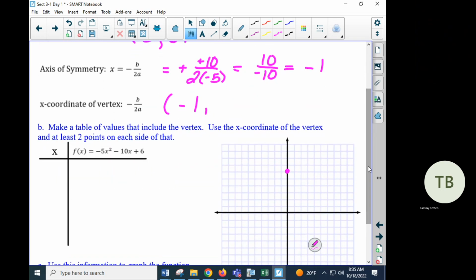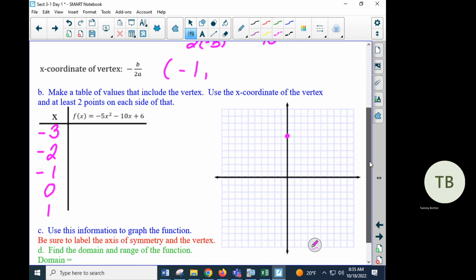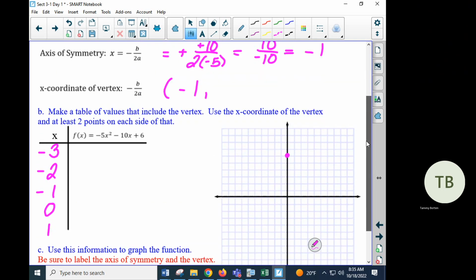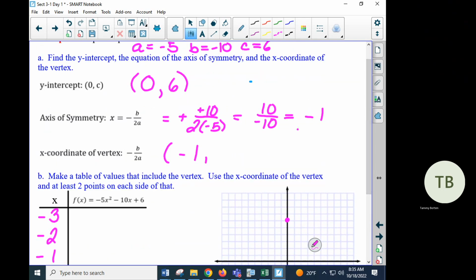In our table, our middle number here is -1, and then below that, I do -2 and -3. Above that, I do 0 and 1. Now I have to plot this axis of symmetry, which is x equals -1.